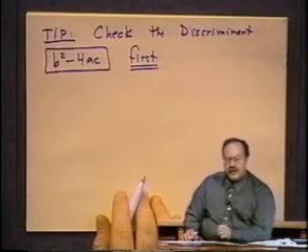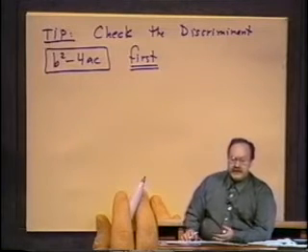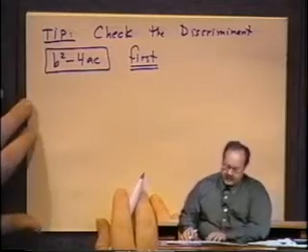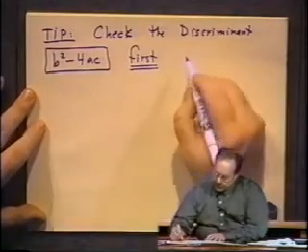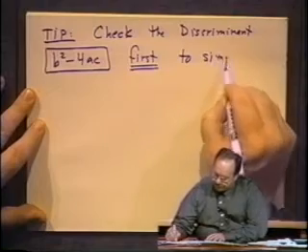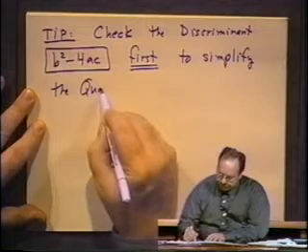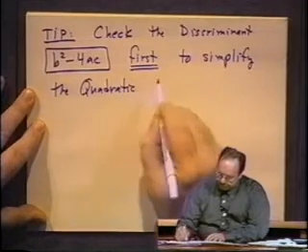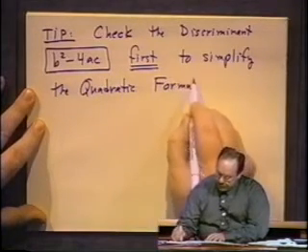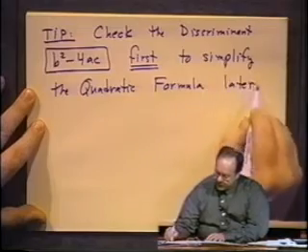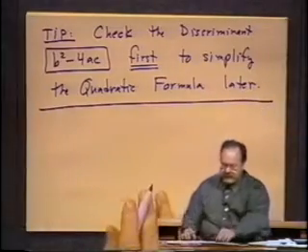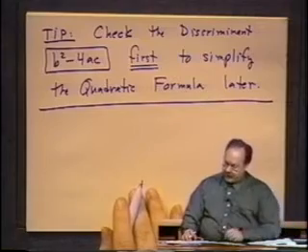And also, when you do the quadratic formula later, you've already done the part that is under the square root, so your work is simpler. So you check the discriminant first to simplify the quadratic formula later. And anything you can do to simplify your work is worthwhile doing. So that's a tip I wanted to make sure you saw.